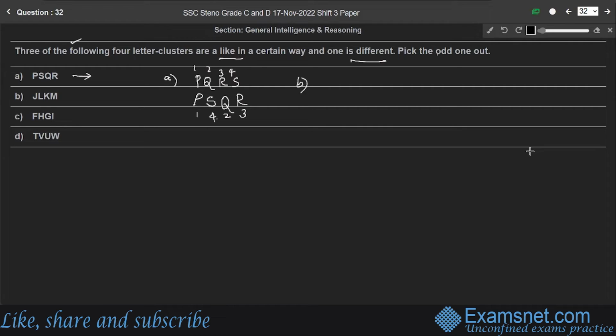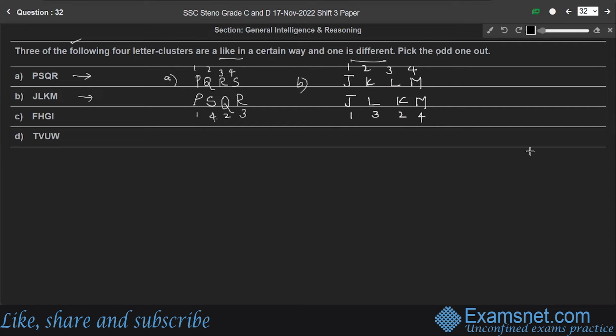When it comes to the second cluster, JLKM, the continuous letters are JKLM, 1, 2, 3, 4. In the given cluster, these letters are arranged as JLKM, which is 1, 3, 2, 4.